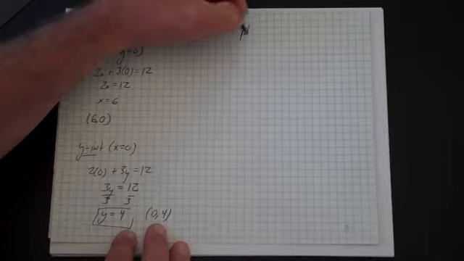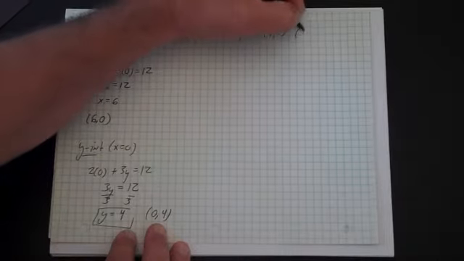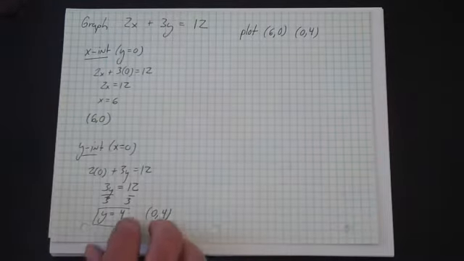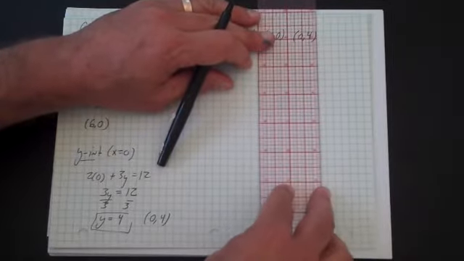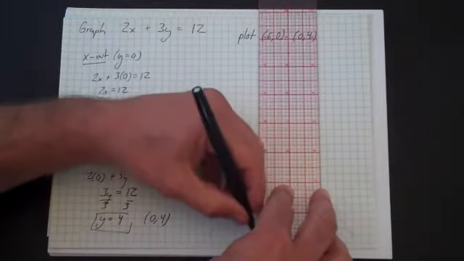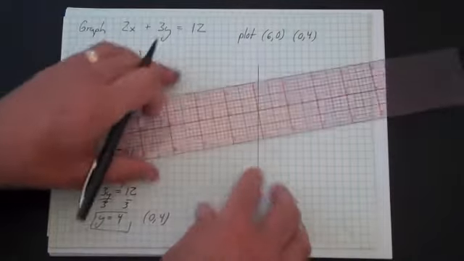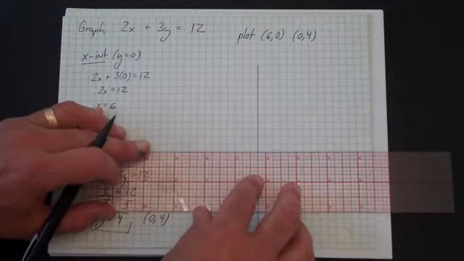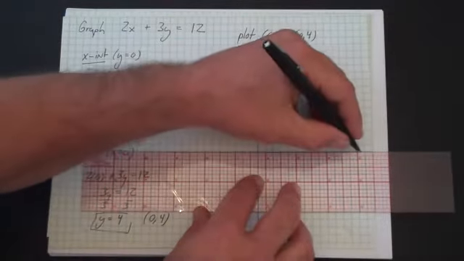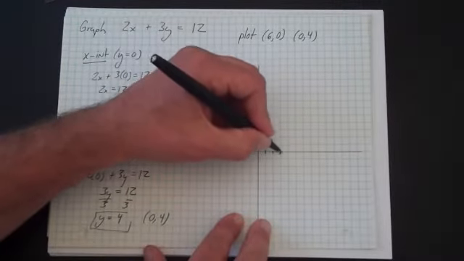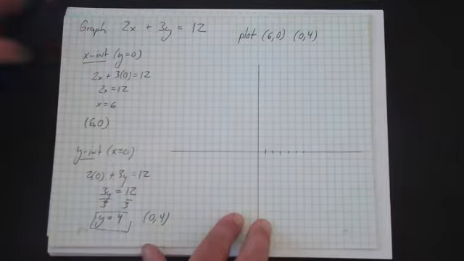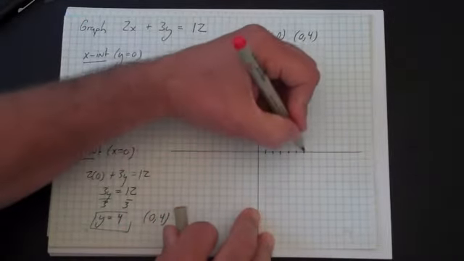So now you found the two intercepts. Then you're going to plot those two points, (6, 0) and (0, 4). So let's graph those two. So (6, 0): 1, 2, 3, 4, 5, 6. Just put a dot.